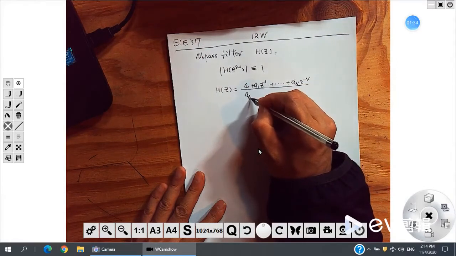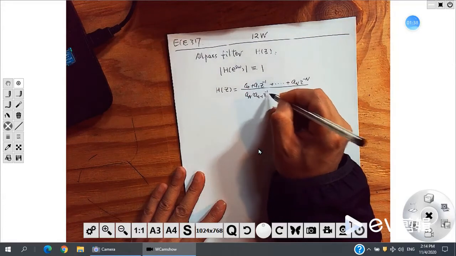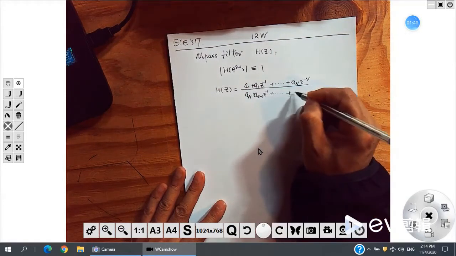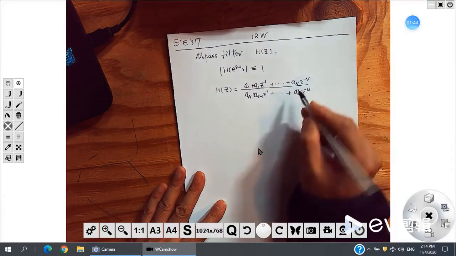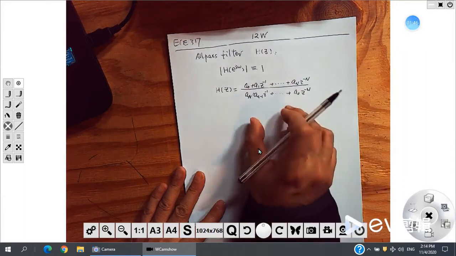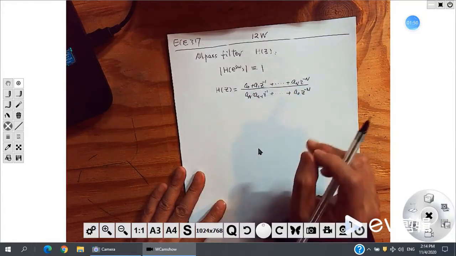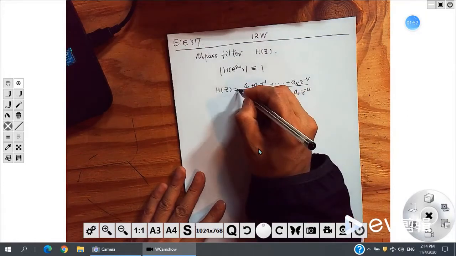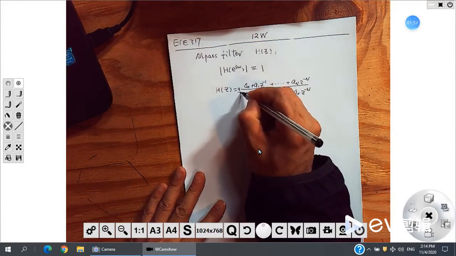This is A of N and A of N minus 1 Z to the negative 1 plus until the last one, A0 times Z to the negative N. The numerator and denominator have the same coefficients but in different order. And in front of it you can use a positive sign or maybe change the sign, also fine.